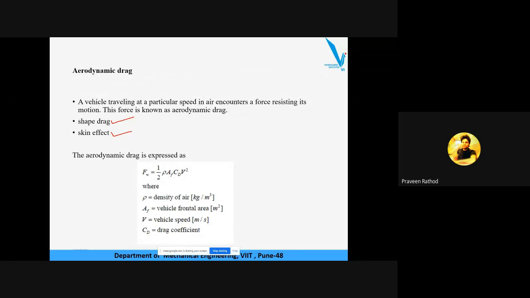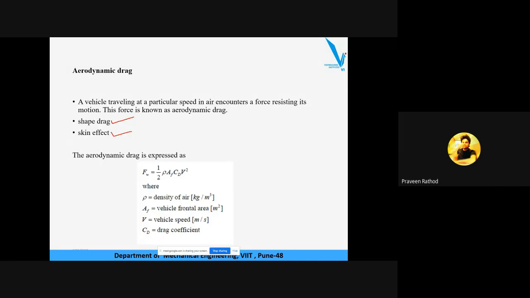So depending on the shape, it creates a pressure in front of the vehicle. If the shape is not properly designed, more and more pressure will be created in front of the tire. This results in a high air pressure in front of a vehicle, and behind the vehicle that much pressure will not be there.